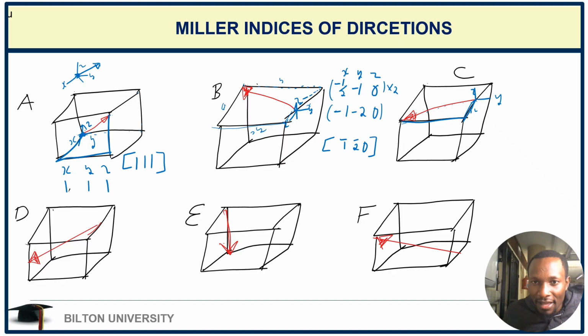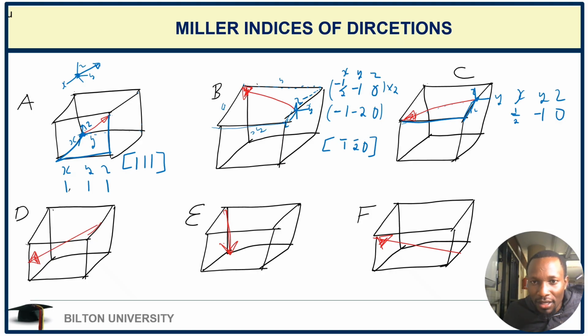In this case, I have my x, my y, and my z. I have moved in the positive x by positive 1/2, and in the y, I've moved to the left from the origin, so I have moved minus 1 full length, and z is equal to 0.